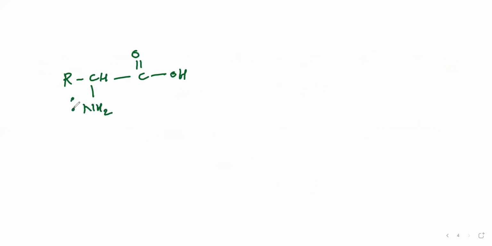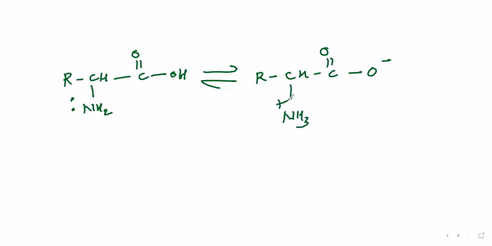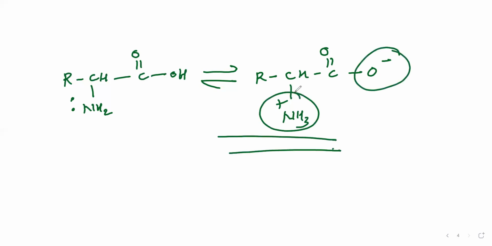Suppose there is the proton; you can see that after acceptance of the proton, a negative sign as well as a positive sign is present over here. Both the signs are there. Therefore, it becomes neutral and hence is termed a zwitterion.